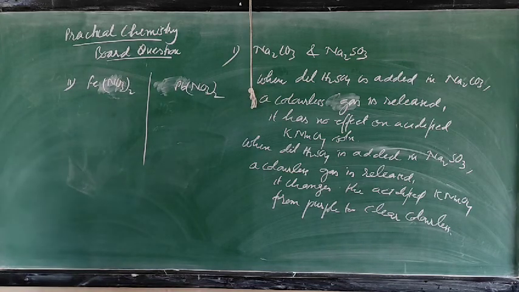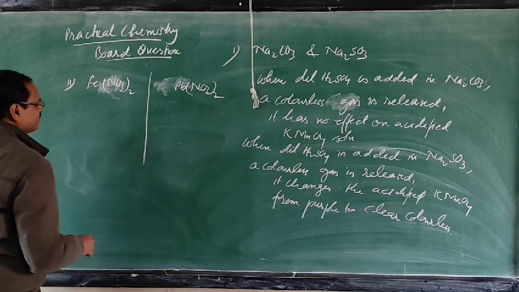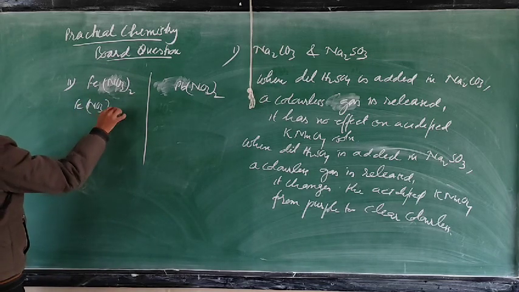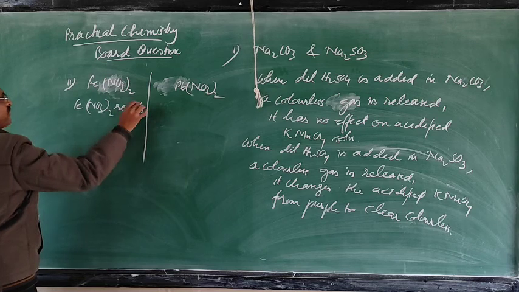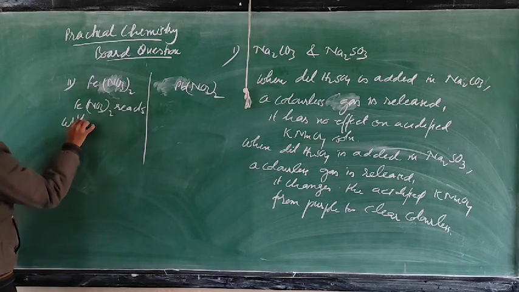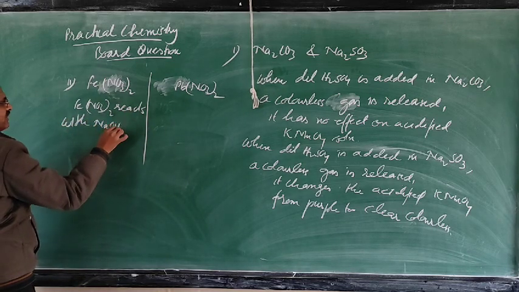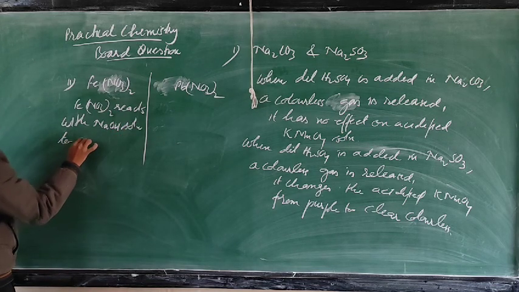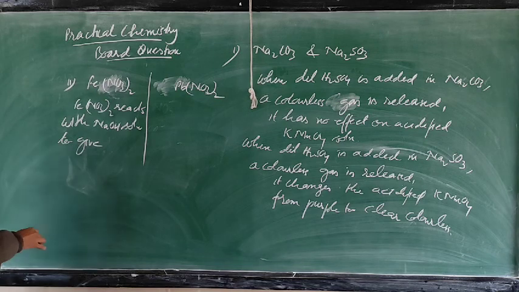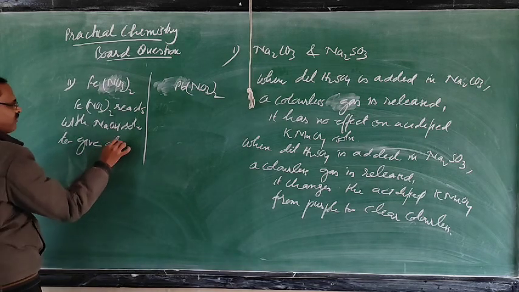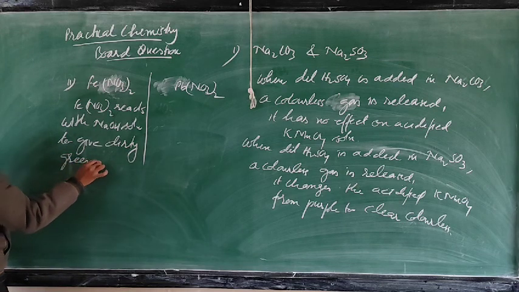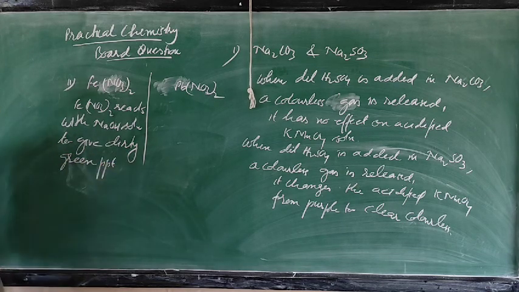Ferrous nitrate reacts with sodium hydroxide solution to give a dirty green precipitate.